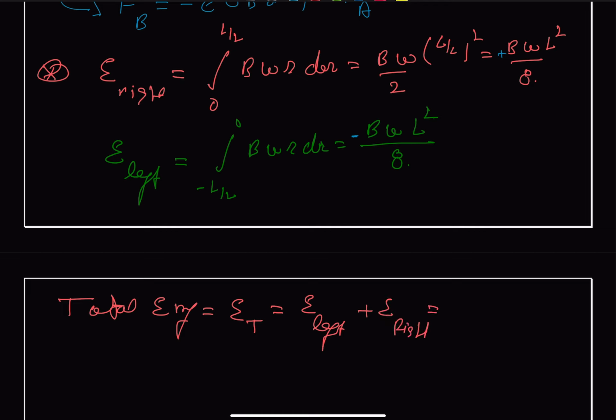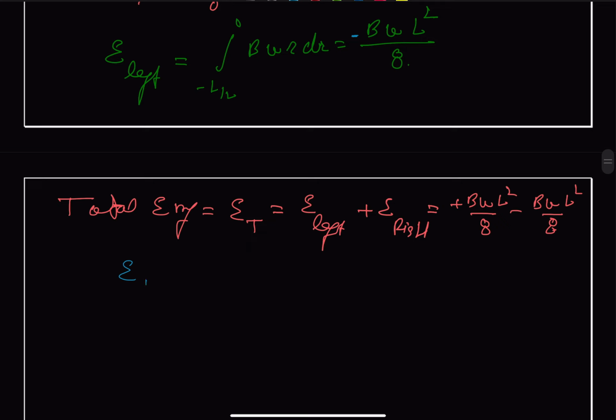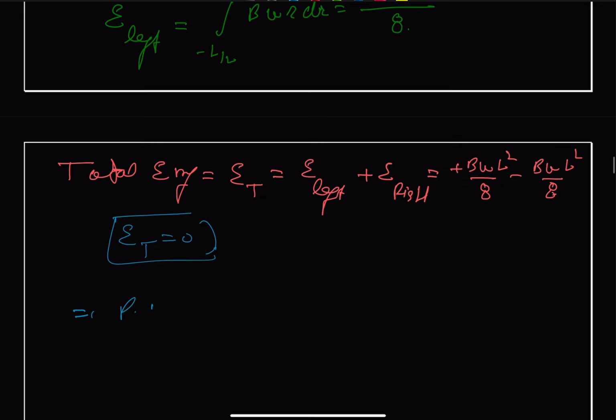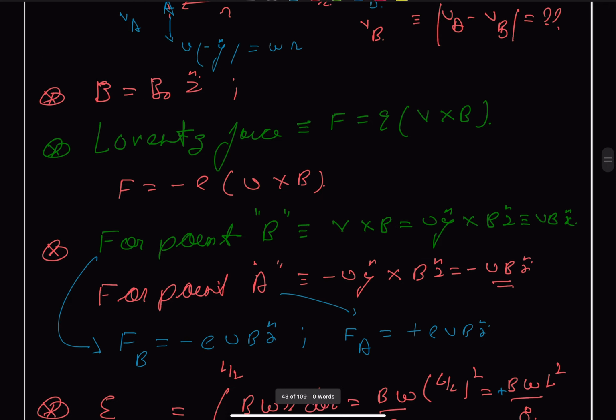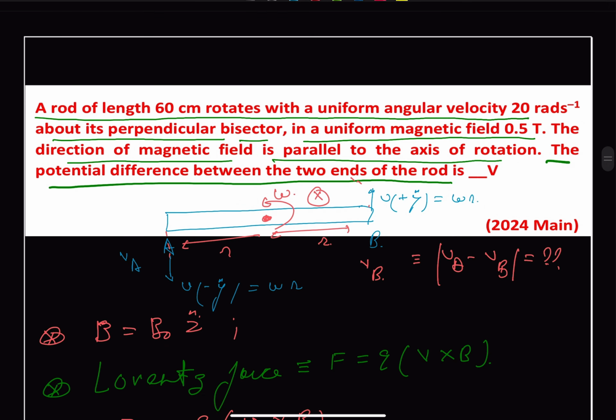Magnitudes are the same, only the sign is different. So this comes as plus B omega L square by 8 minus B omega L square by 8, which is equal to 0. So the potential difference will be equal to 0. There is no such option, so it is 0 volts.